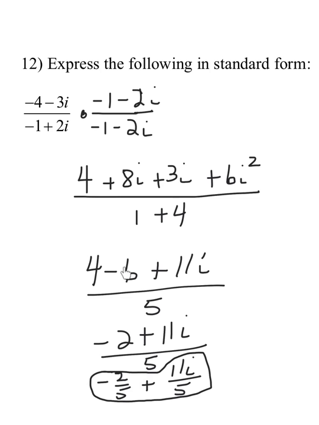And I went ahead and simplified this to -2 plus 11i, all divided by 5. And then we can split this fraction up into two parts, its real part and its imaginary part. So we get -2/5 plus 11i over 5. And that's our final answer.